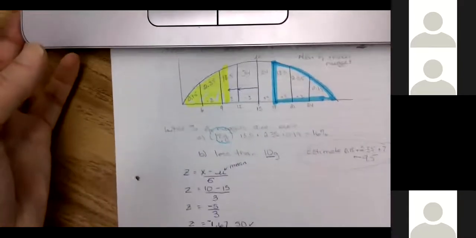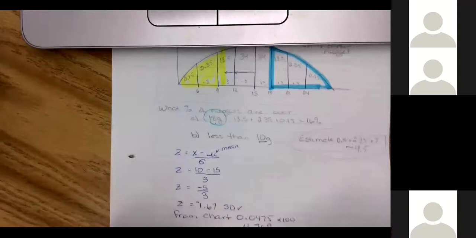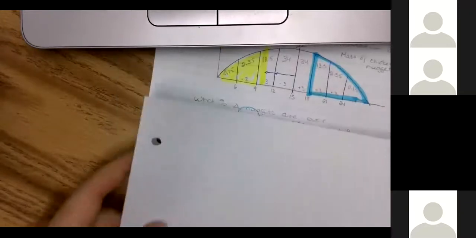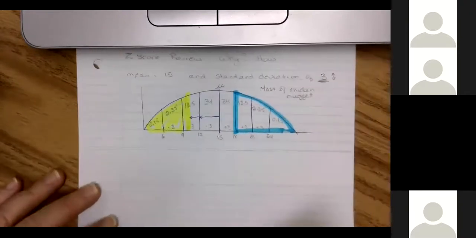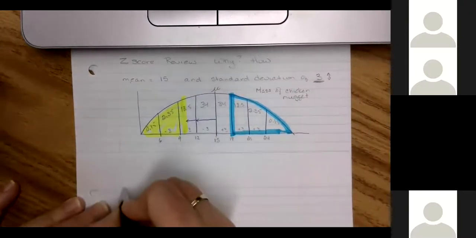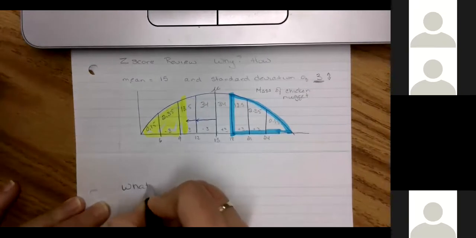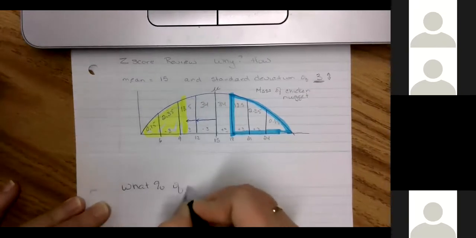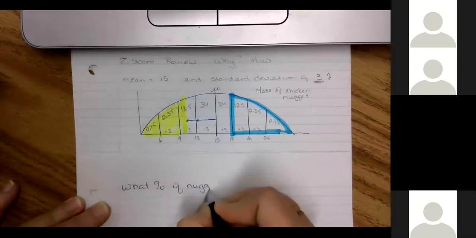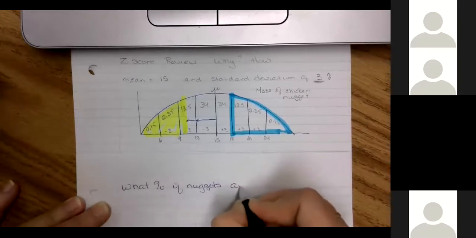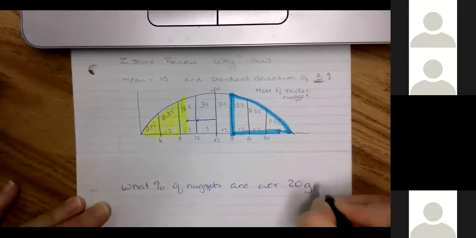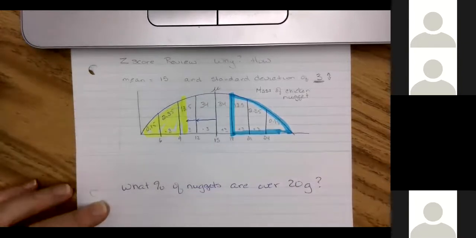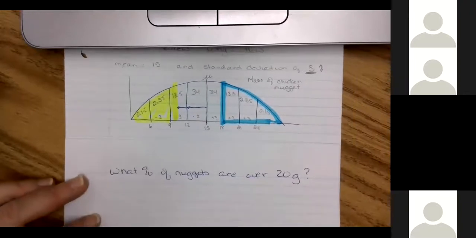I'm going to keep using my chicken nugget picture because I'm too lazy to come up with a new one. All right, so we're back to here. And we're going to determine what percent of nuggets are over 20 grams.